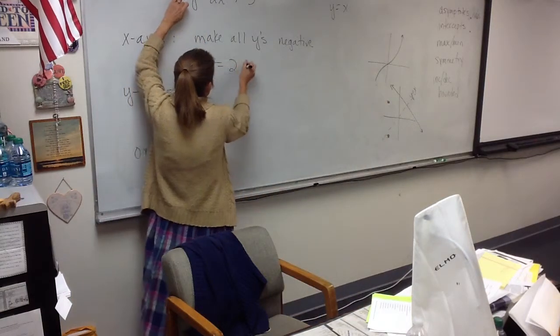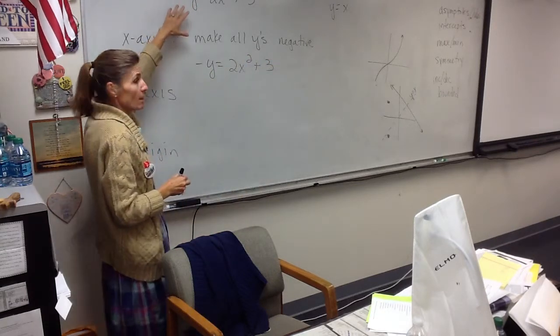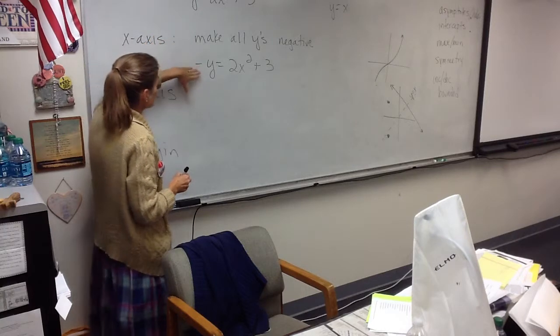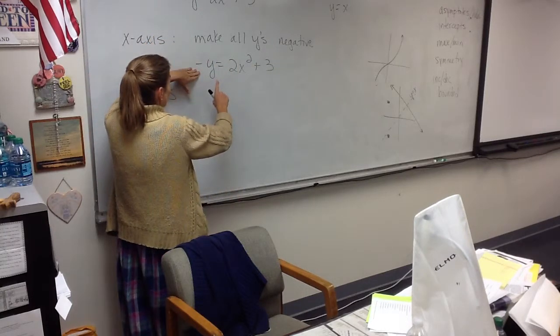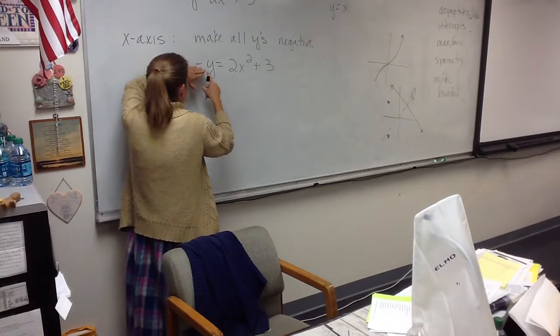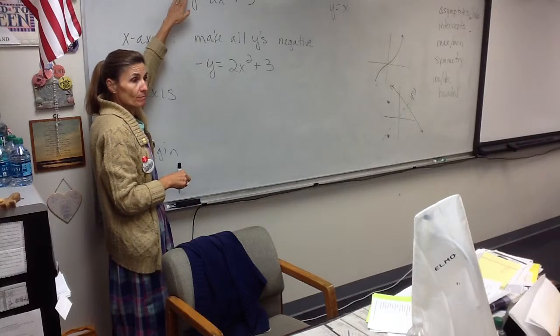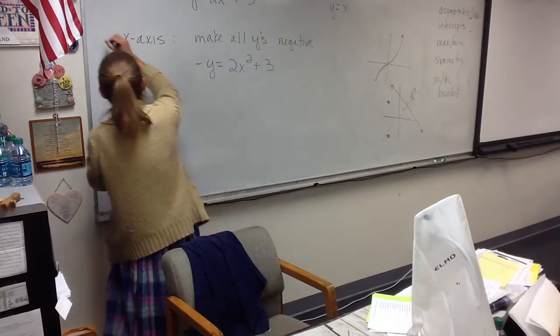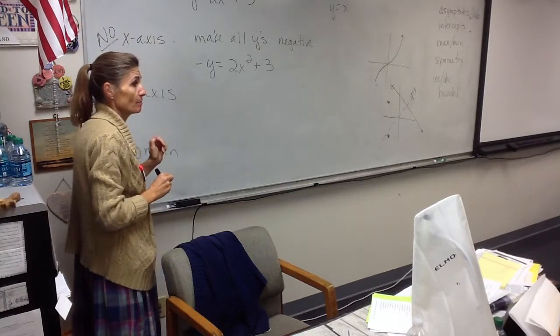Negative y equals 2x squared plus 3. Now ask yourself, is this equation, if I make all the y's negative, will this equation that I end up with match exactly the equation that I started with? No. So this one is a no. There is no symmetry about the x-axis.